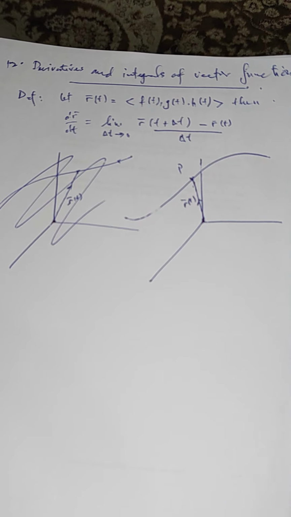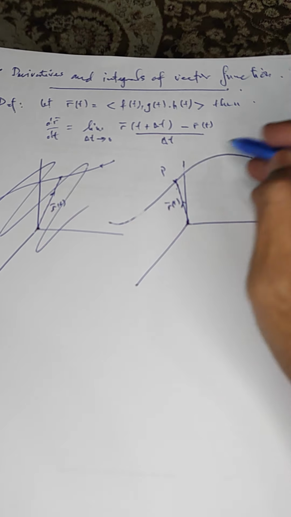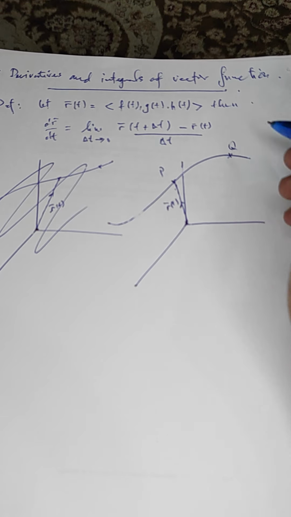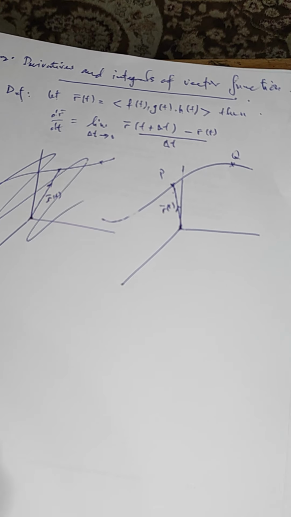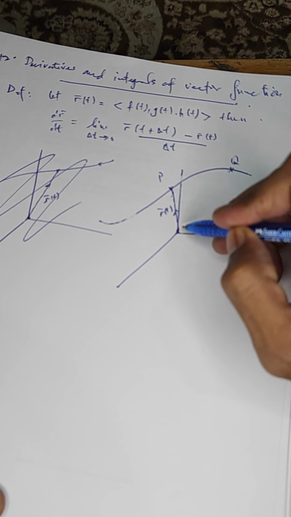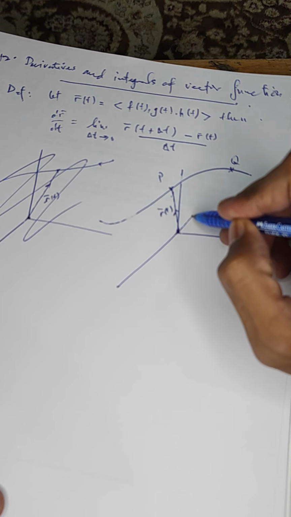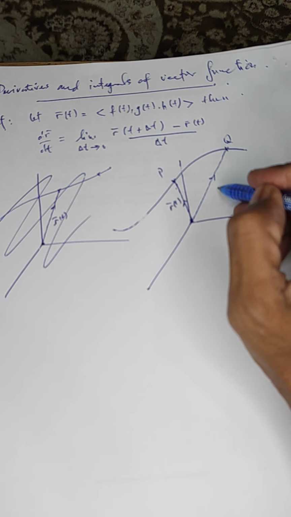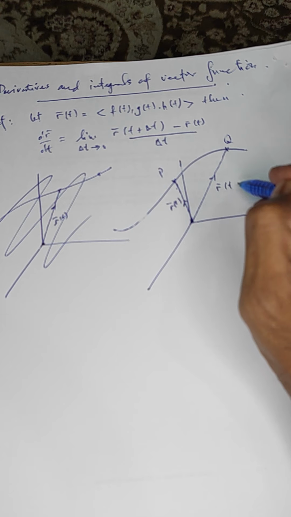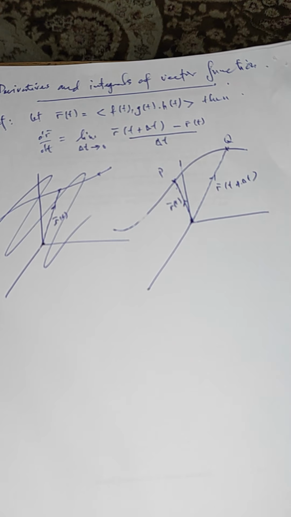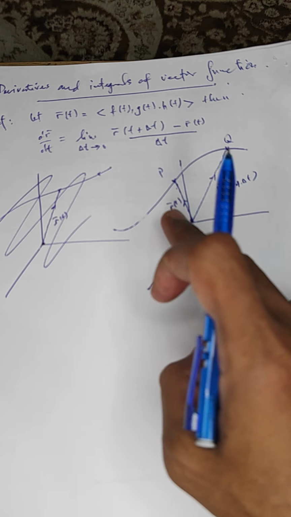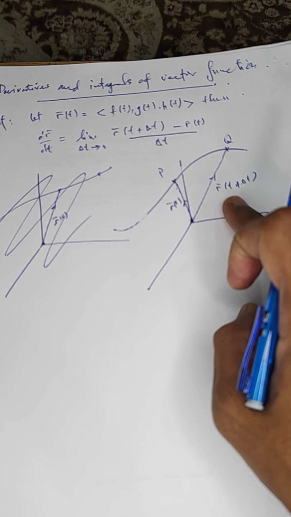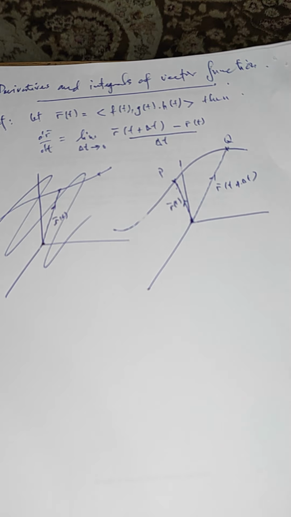And after some time, the object moves up to Q. So after delta t time, we have r(t + delta t) here.